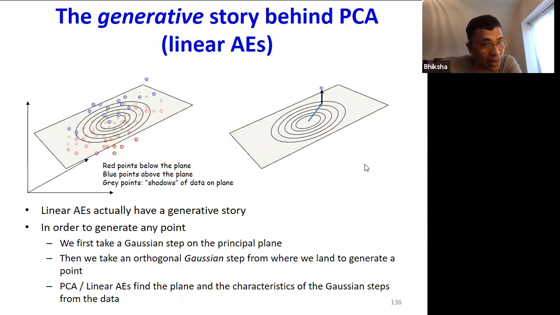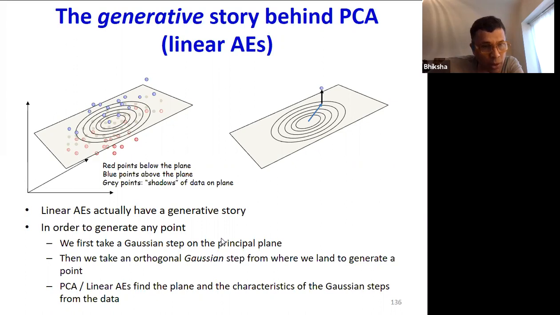Remember, PCA is a linear autoencoder. We are saying that in order to generate any data point X, we have a principal subspace. We first take a Gaussian step on the principal plane, and then we take an orthogonal Gaussian step perpendicular to the plane, and that gives us the data point.